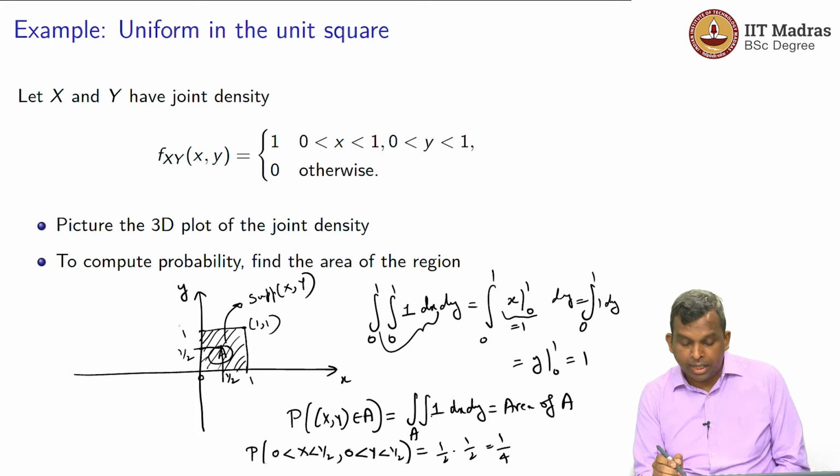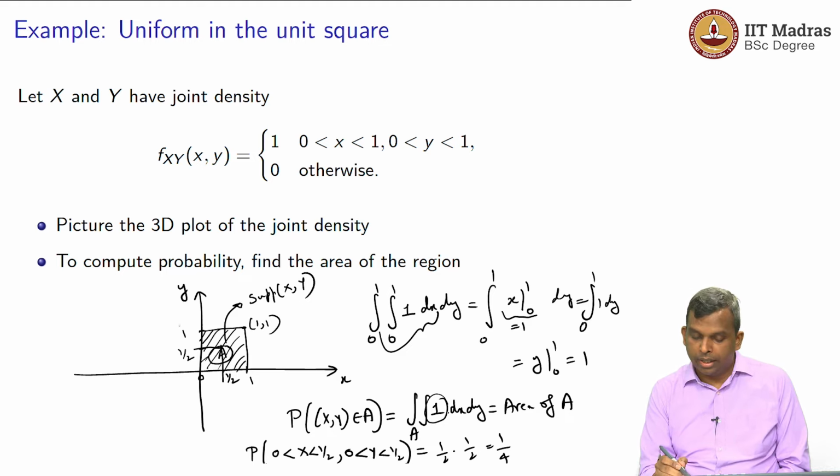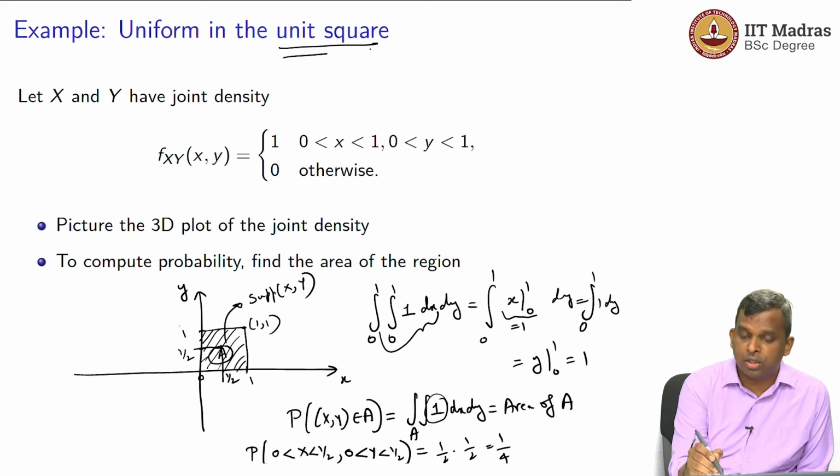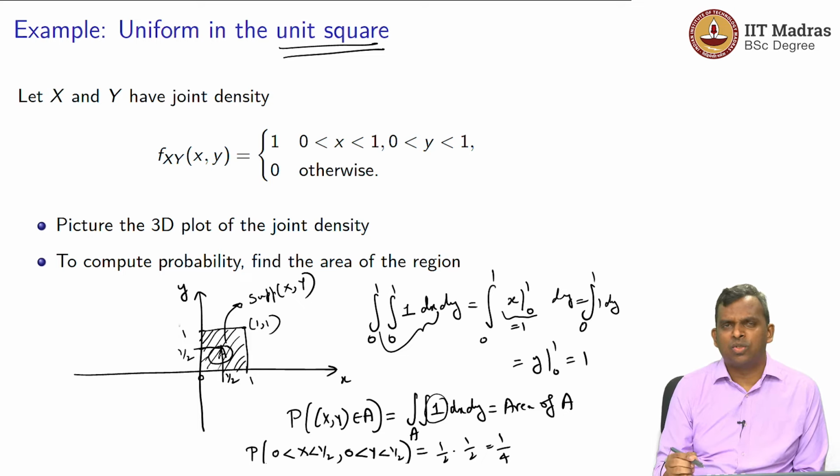Okay, so why did it become the area? Because of this 1. Okay, so it was just uniform, so it just becomes 1. Okay, it becomes the area. So it's just 1 here, and it's the unit square. So when you have the unit square, uniform in the unit square, probability of any region inside the unit square is simply its area. Okay, so it's very easy to remember.